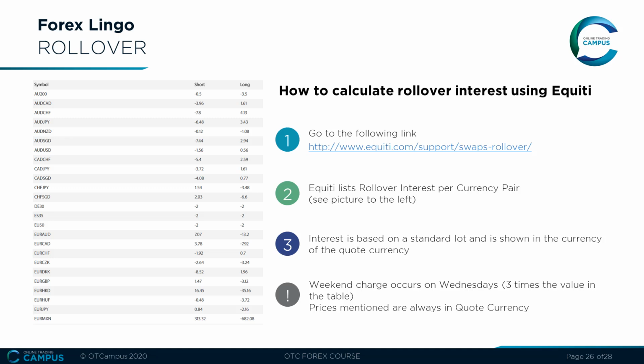For Equiti, simply follow the link here, which will give you a full list of all the currency pairs, including the daily rollover charge or earnings for both long and short positions. Interest is based on a standard lot and is shown in the currency of the quote currency. Longer term positions will have to be calculated on a 7-day week basis.